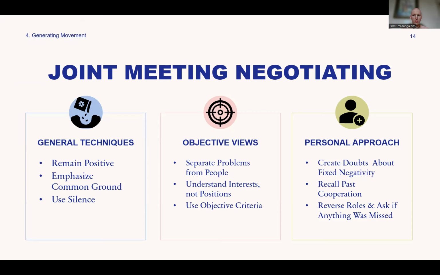If you've asked a good open-ended question and it's hanging in the air, let it hang. Don't feel like you've got to say something to break the silence. It's amazing how much pressure that can put on someone to think when you ask a good question. So these are general things to know. You're positive, look for common ground, and don't be afraid to let the conversation hang.